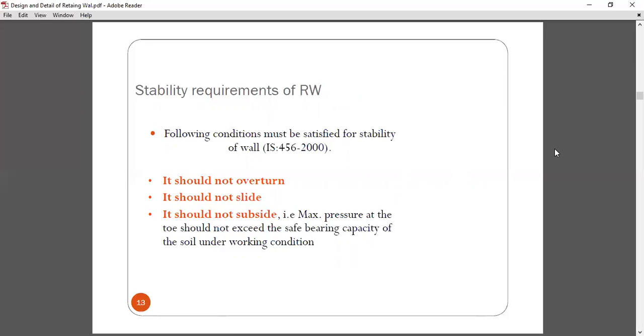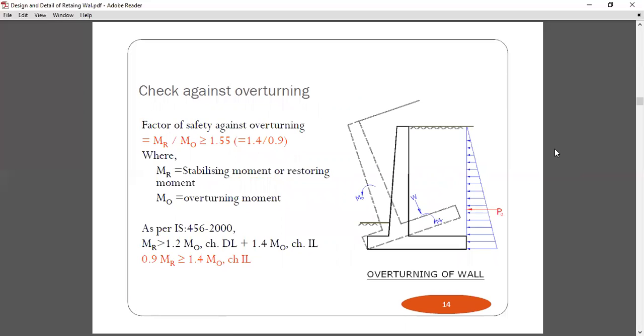Maximum pressure at the toe should not exceed the safe bearing capacity of the soil under working condition. All these conditions are compulsory to design any retaining wall. Check for overturning. We stop our lecture at this point and in the next lecture we continue with this topic.